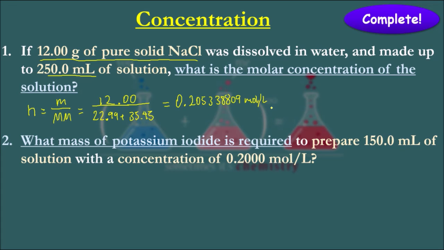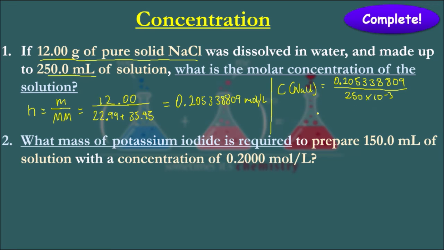Okay. The next step I want to find is the concentration of sodium chloride. To find that, it is the number of moles that I found previously divided by the volume. So that's 250 milliliters, times 10 to the power minus 3.